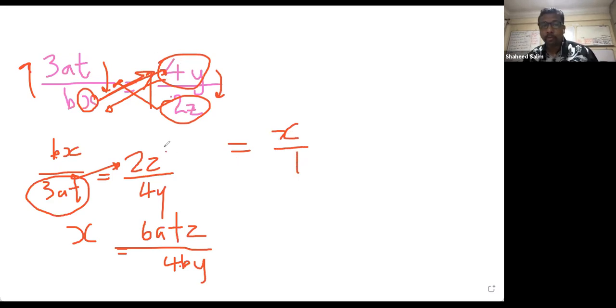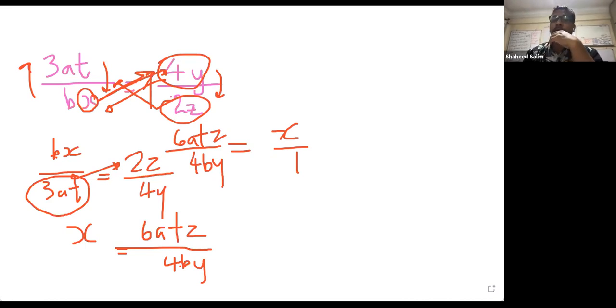And the 4y, I push below here. Down here there's 4y, but there's also b, so I put 4by down here. 2z, I push up. 2 times 3, 6. 6az. Same thing, look, same thing, boys and girls. x equals 6az over 4by. So you can do the flip first, or you don't want to flip, you can just push it over there. Instead of making x the subject here, you make x the subject on the right hand side.